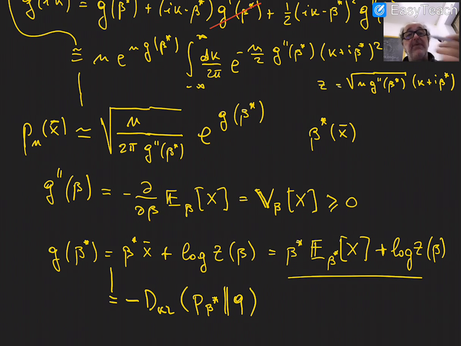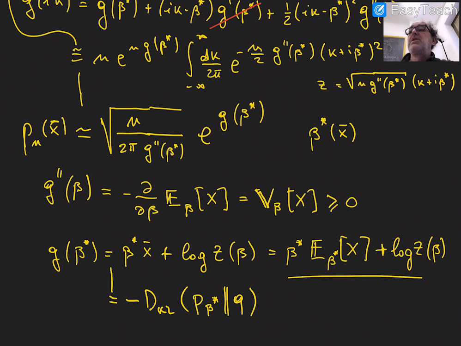So we recover exactly the same result as before, that the probability of the large deviation is exponentially small with a coefficient which is equal to the Kullback-Leibler divergence between the closest distribution to q in terms of the Kullback-Leibler divergence.